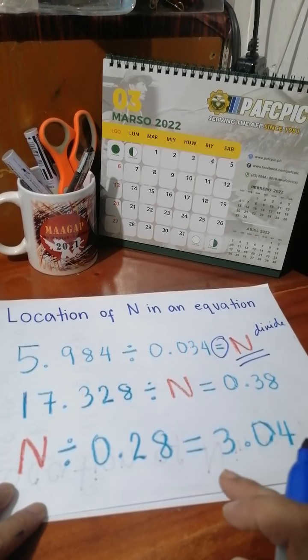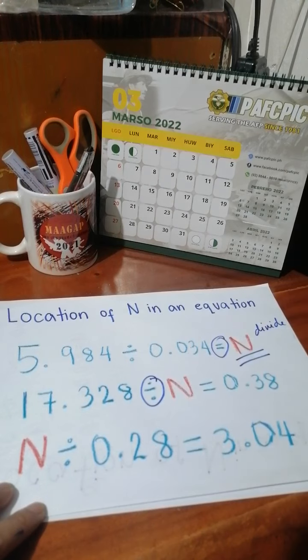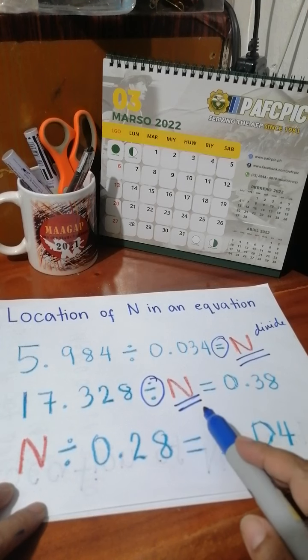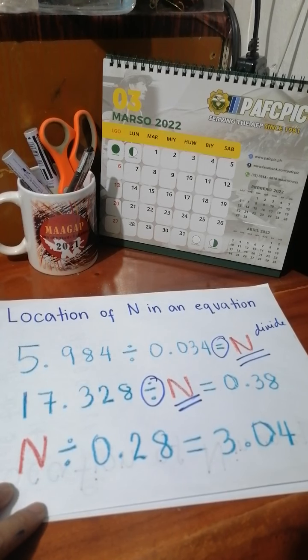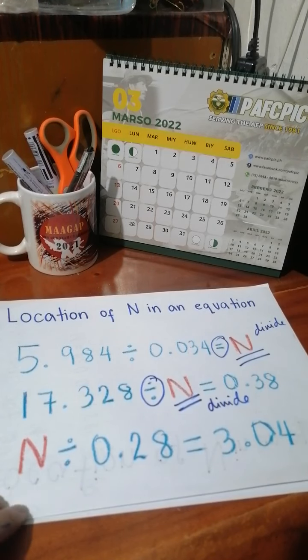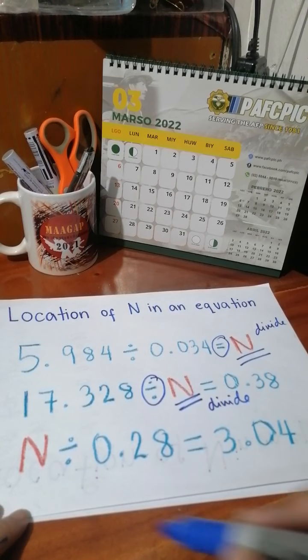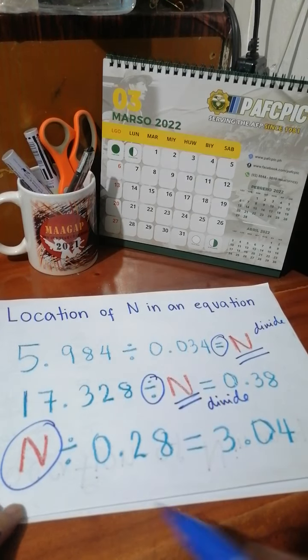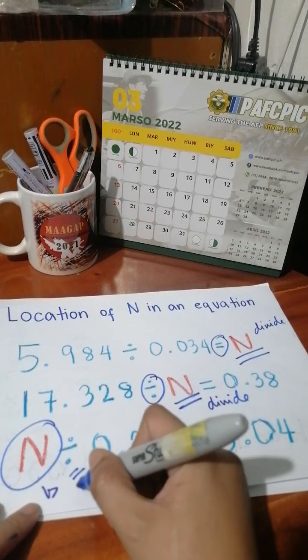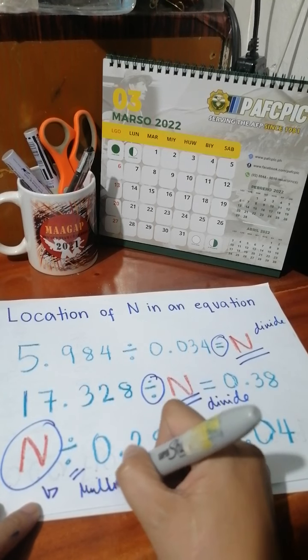Okay? Kung ang n mo naman ay makikita after the division sign or sa gitna, kapag nakita mo siya sa gitna, ibig sabihin, ang gagamitin mong operation ay still divide. Pero, kung ang n mo ay makikita before or dun sa unahan, bago doon sa division sign, ang operation na gagamitin mo to find the value of n is multiplication.